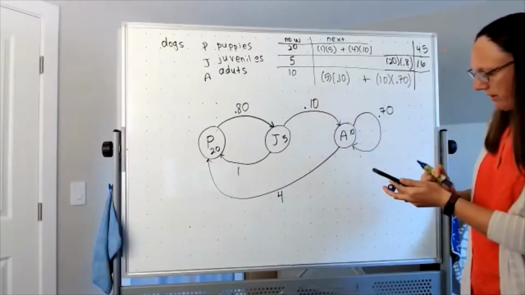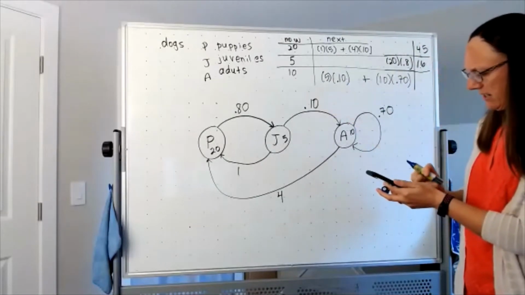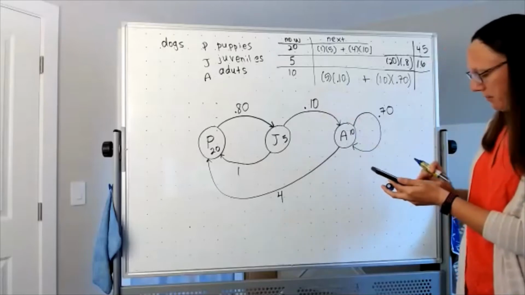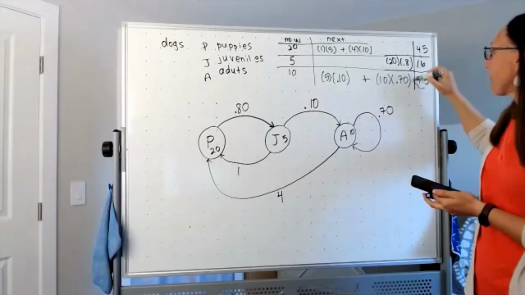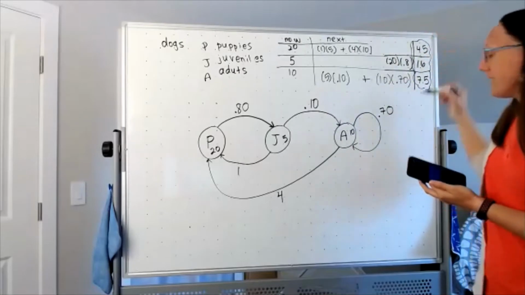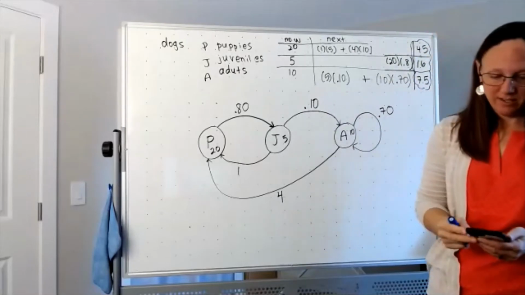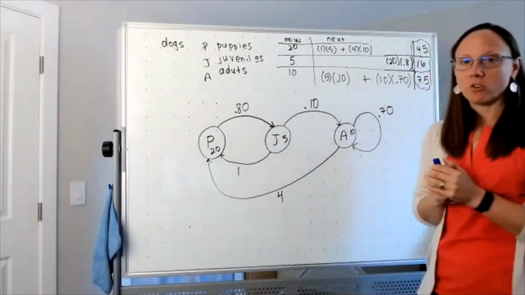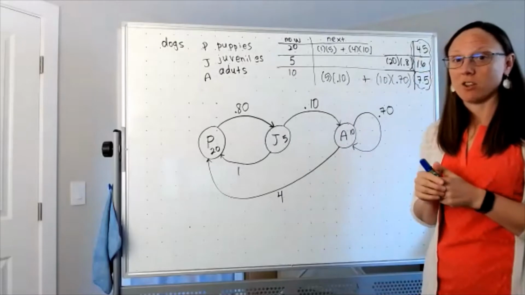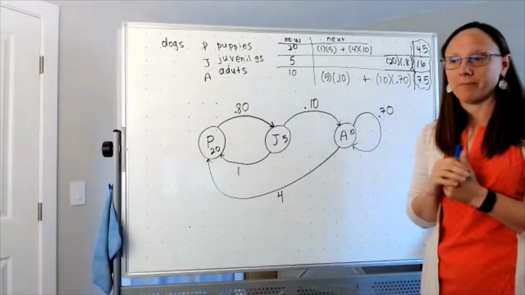And what's that? So 0.5. Again, don't think too hard about that one. Plus 7, so 7.5. So that would represent how many puppies, juveniles, and adults I had after running this through the cycle once.